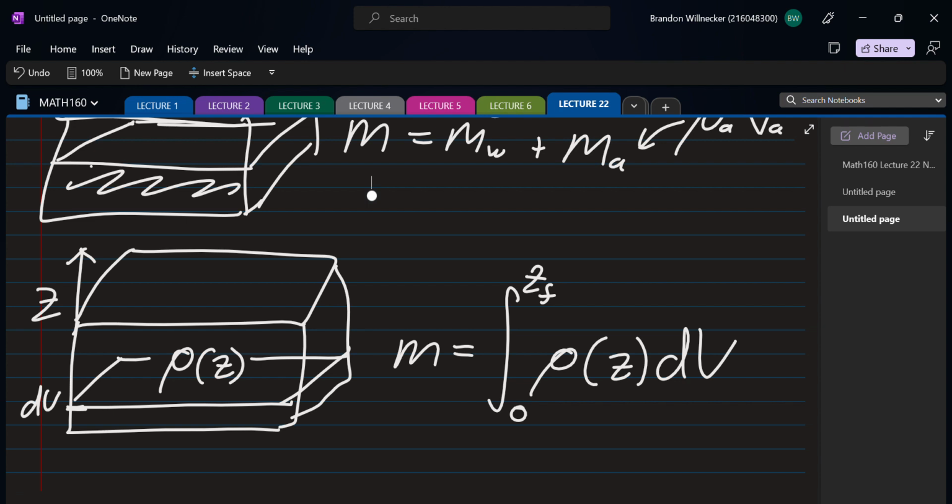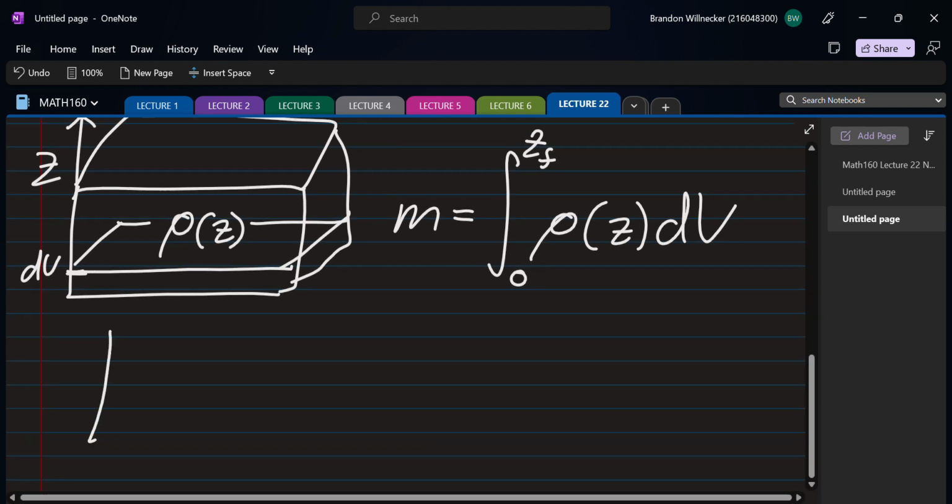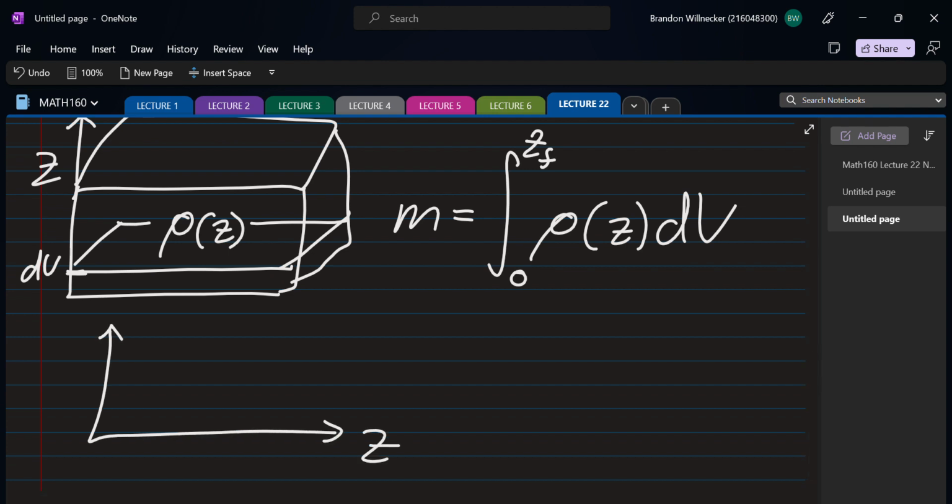So the function would be related to the material, so every time the material changes, it also changes the mass. That's right, yes. So we might have a function like this. Here's z for the height going up, and then we have rho. Maybe it looks something like that. At the bottom it has a low density.